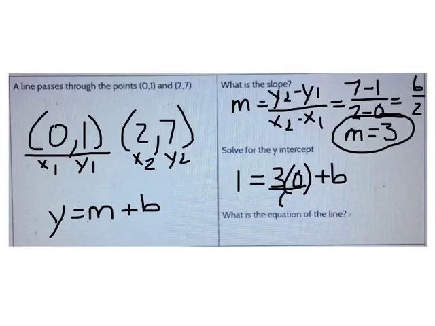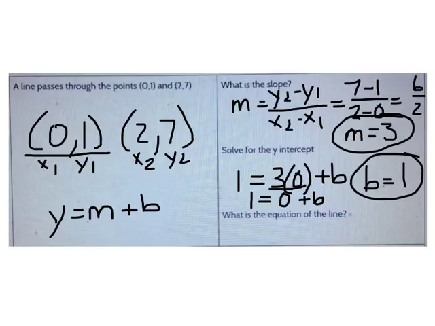Well, 3 times 0 is 0, so 1 equals 0 plus b. So b is 1. Now I can write the equation. What is the equation of this line in slope-intercept form? It's y equals 3x plus 1.